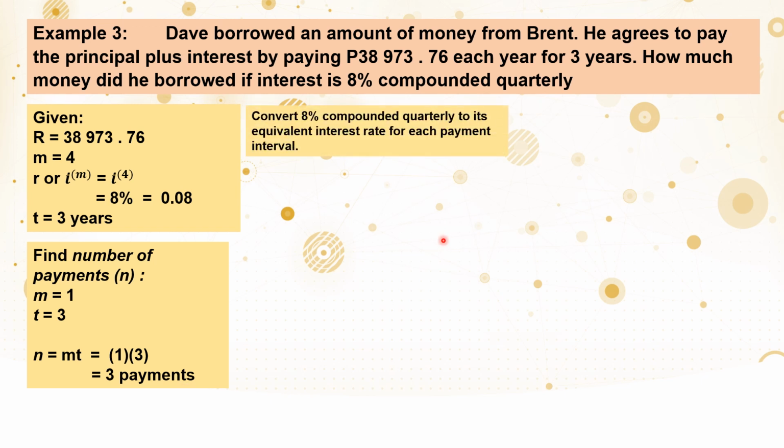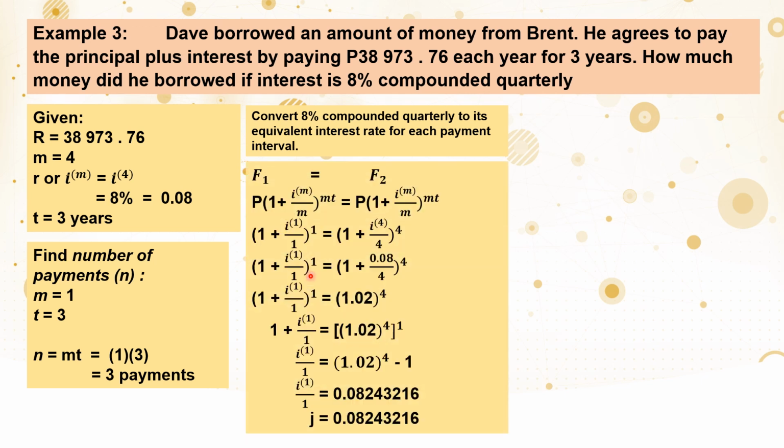Now let's find the value of J. Convert 8% compounded quarterly to its equivalent interest rate for each payment interval. To denote the two interest rates, we use F sub 1 and F sub 2, and they are equal.